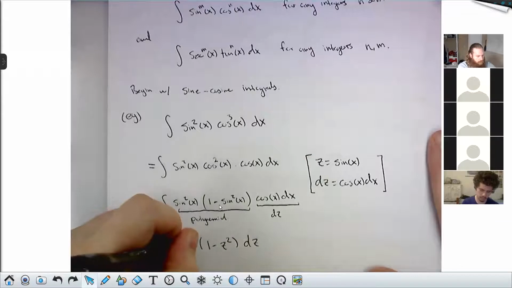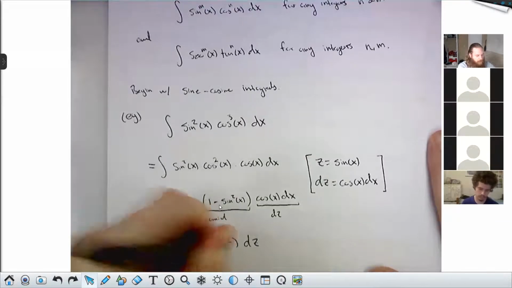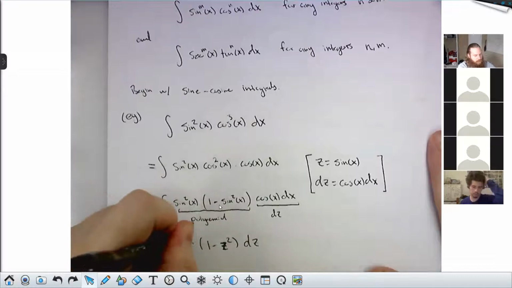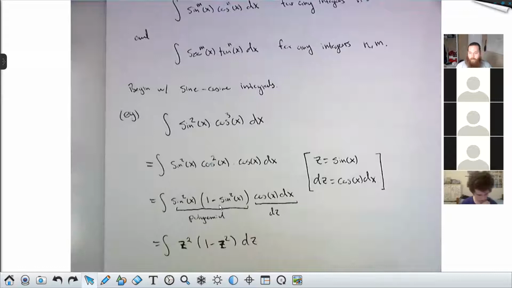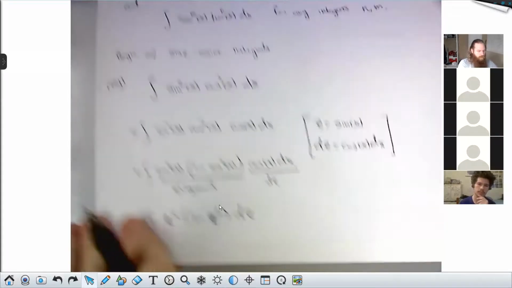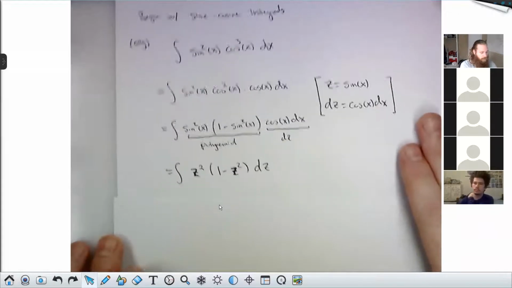So this is the game. With sine cosine integrals, if there is an odd power, then you can transform the integral into a polynomial by making the appropriate substitution and using the Pythagorean identities. And they all go like this. From here, we'll distribute, integrate, and back substitute. So it's just a u sub problem, and it's not even a bad one.